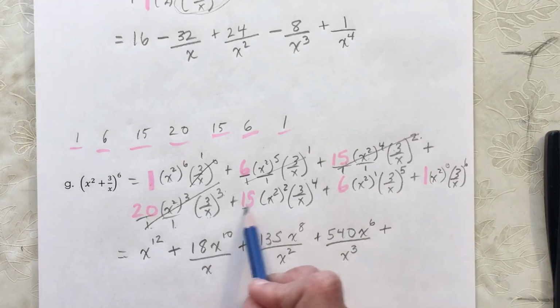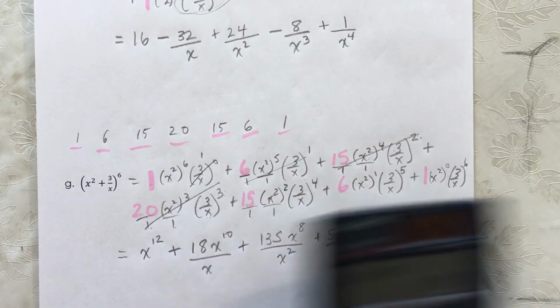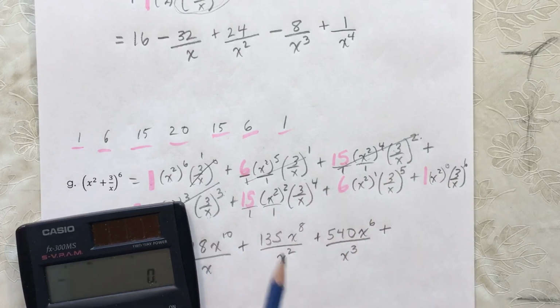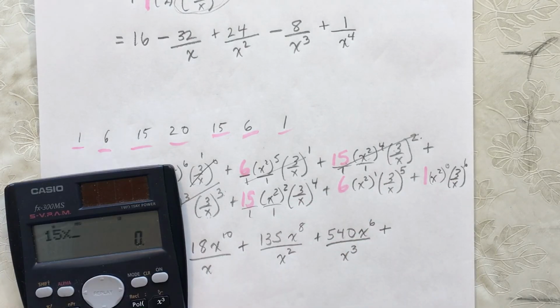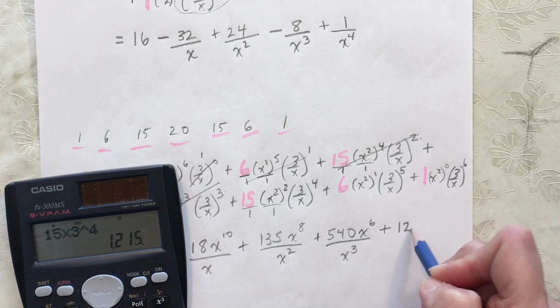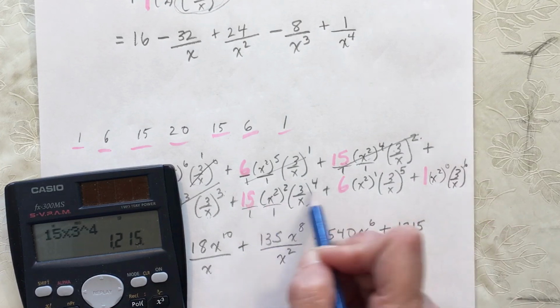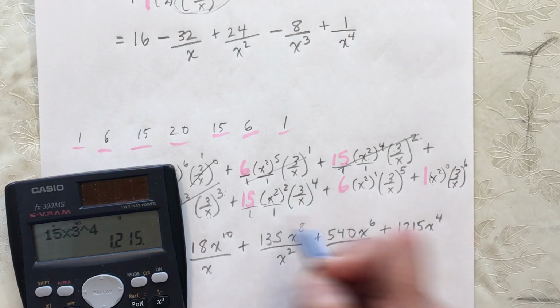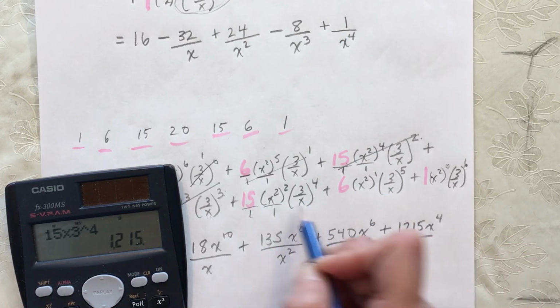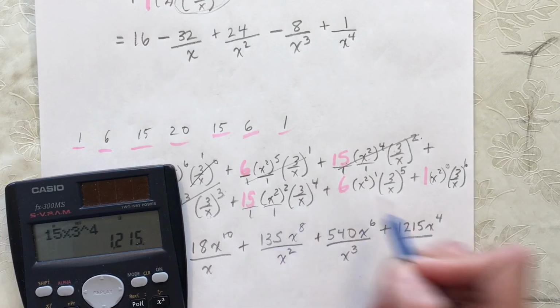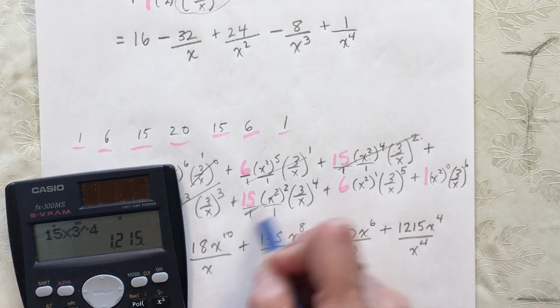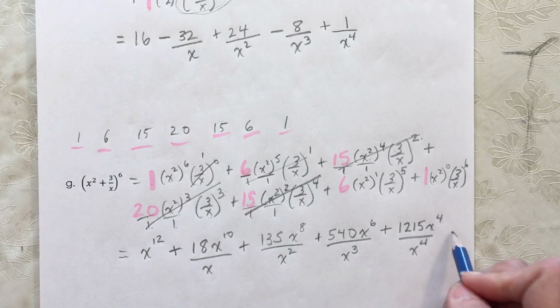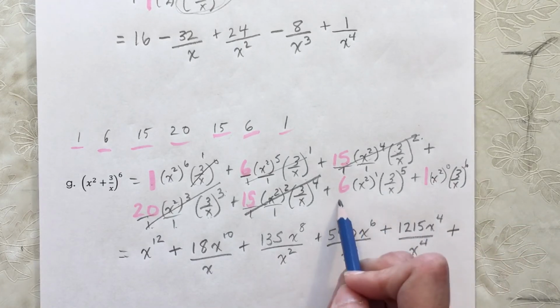plus 15 times 3 to the 4th is going to be my coefficient. 15 times 3 to the power of 4 is 1,215. Also in the numerator is going to be x to the 4th. But in the denominator, I also have 1 times x to the 4th, so x to the 4th. Plus, so now I'm looking at this term.